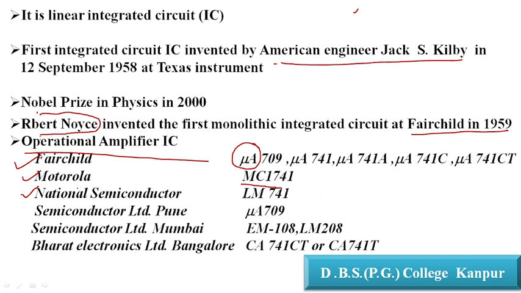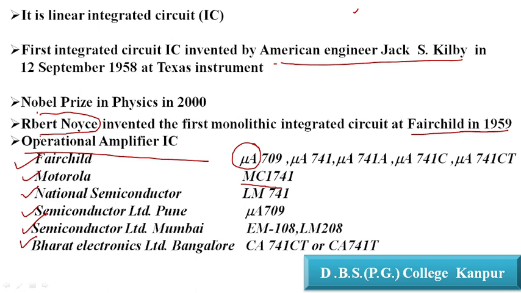National Semiconductor's IC is the LM741, and Semiconductor Limited Pune's is the MUA709. Some Indian companies also develop these ICs: Semiconductor Limited Mumbai has the EM108 and LM208, and Bharat Electronics Limited Bangalore has the CMU 741CT or CA741T.